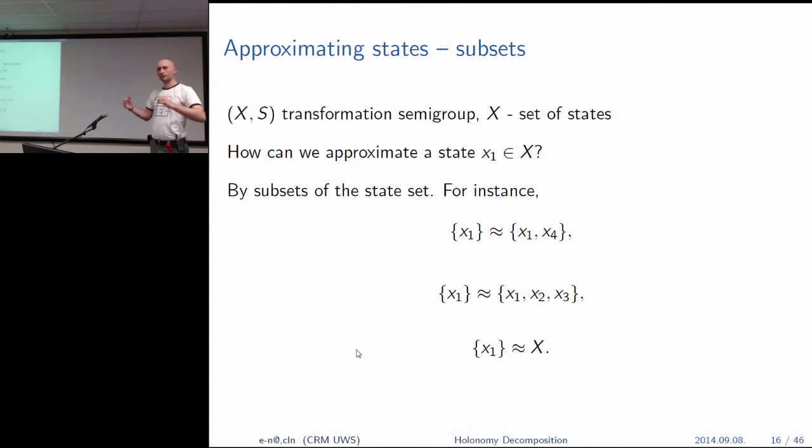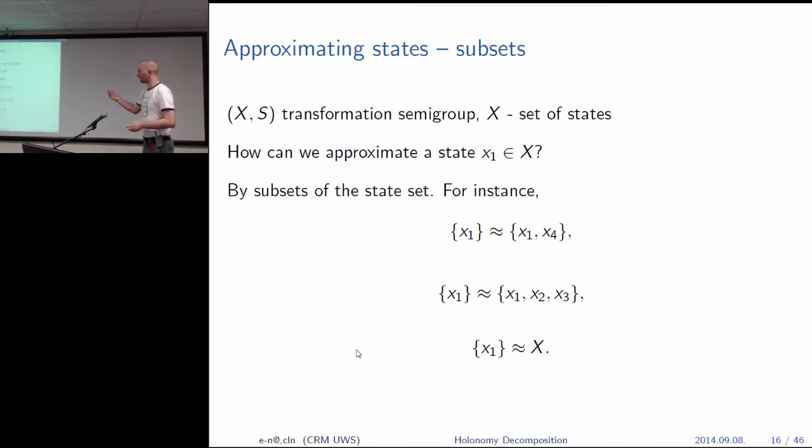Let's just think about it. This is a system which can have n different states, and it is in one state, but I don't know exactly which state the system is in. But if I can say that, oh, maybe it's in x1 or x4, so that's an approximation of the actual state.